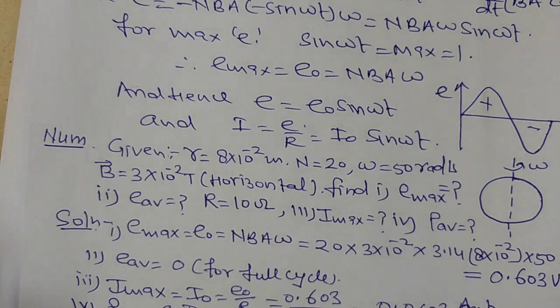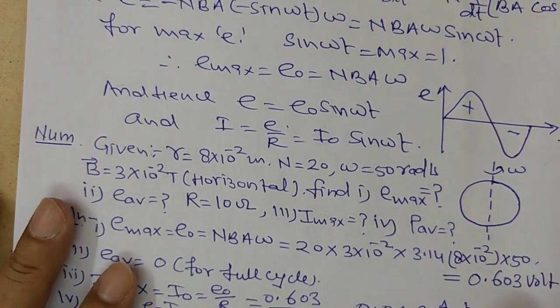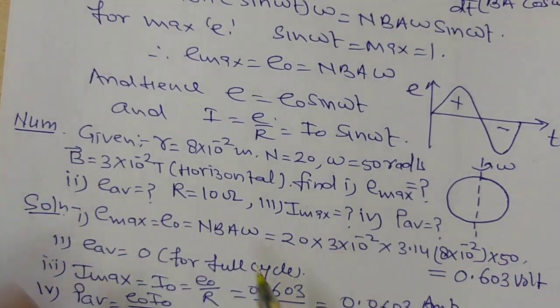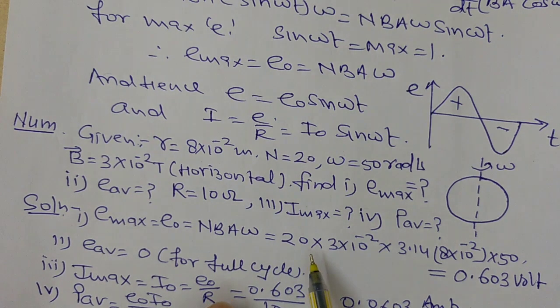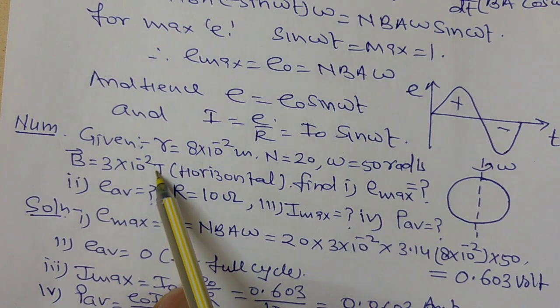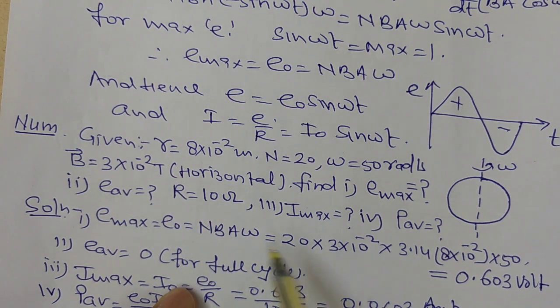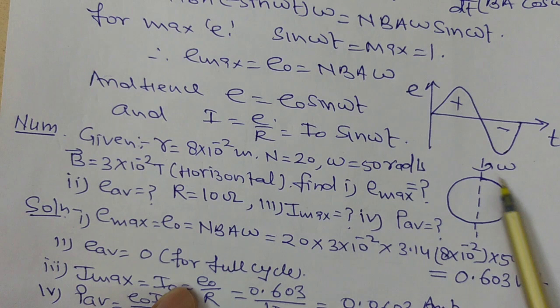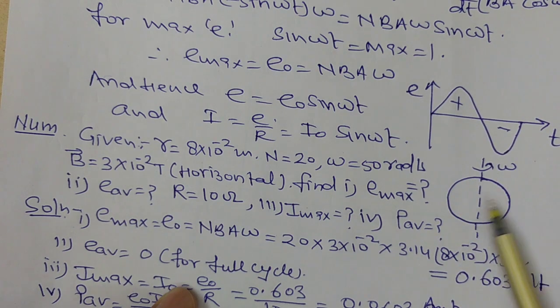Now, on putting the values here, N is equal to 20, and B is equal to 3 × 10^-2 Tesla, and A is πr² because this is a circular coil. Therefore, the area of the circle is πr².